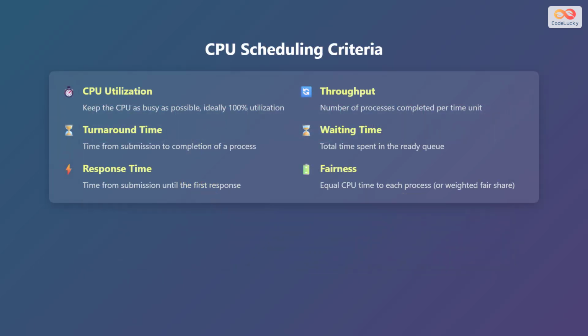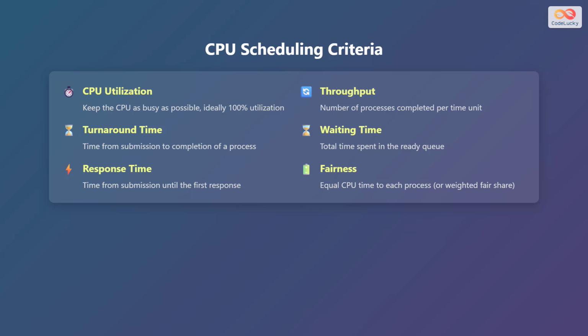When designing and selecting process scheduling algorithms, several criteria are considered to optimize system performance. Let's discuss these criteria. CPU utilization aims to keep the CPU as busy as possible, ideally achieving 100% utilization. Throughput refers to the number of processes completed per time unit.